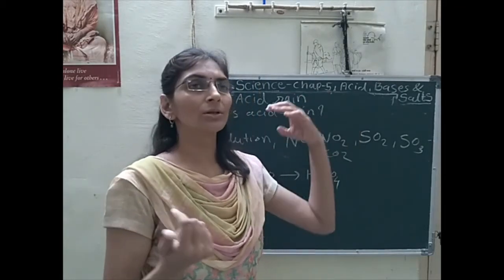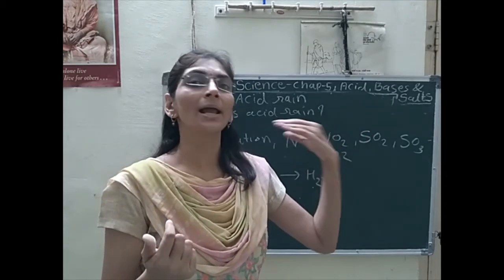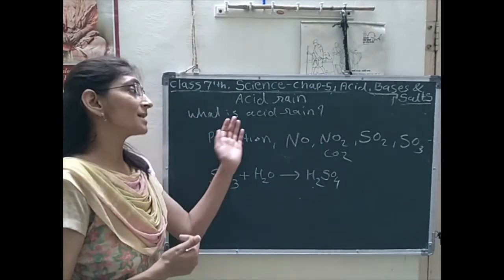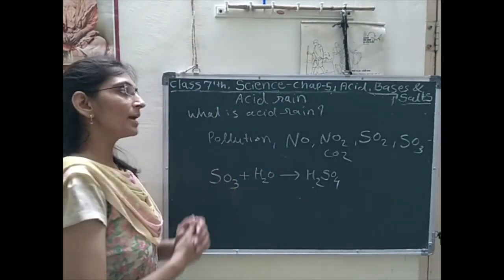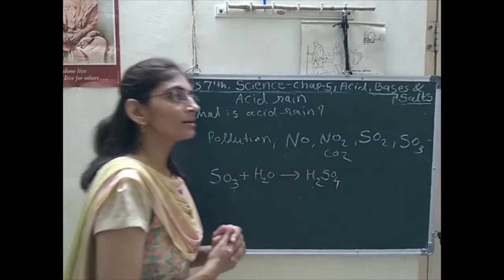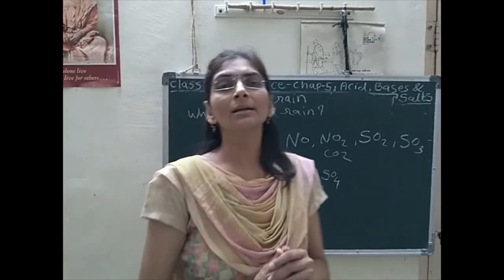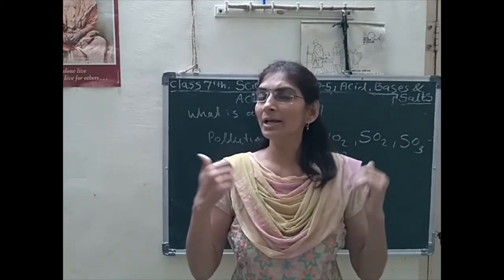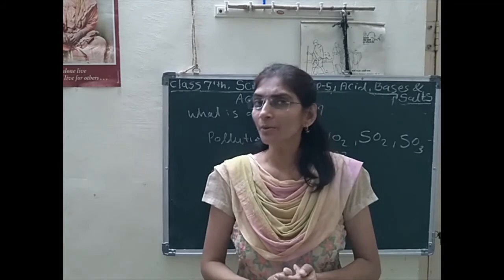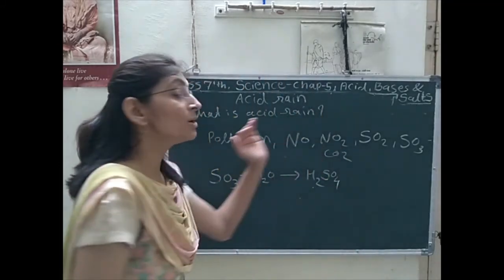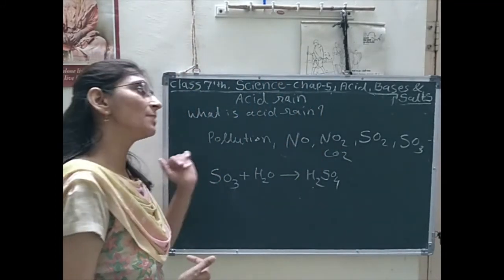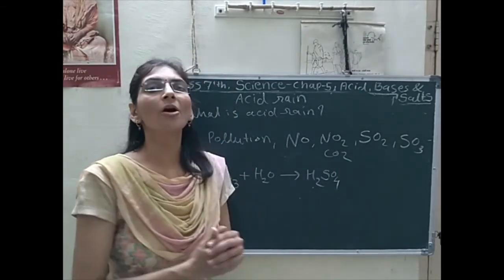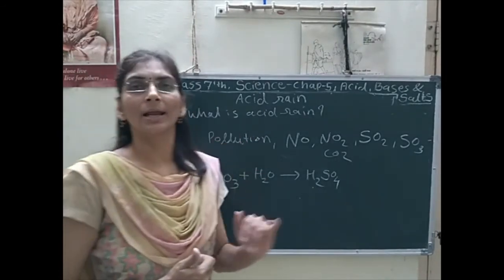This iron, or metallic material, also gets damaged because of acid rain. So in this way we can see acid rain is very harmful to us. For avoiding acid rain, we have to minimize air pollution. This is a very simple way of avoiding acid rain.